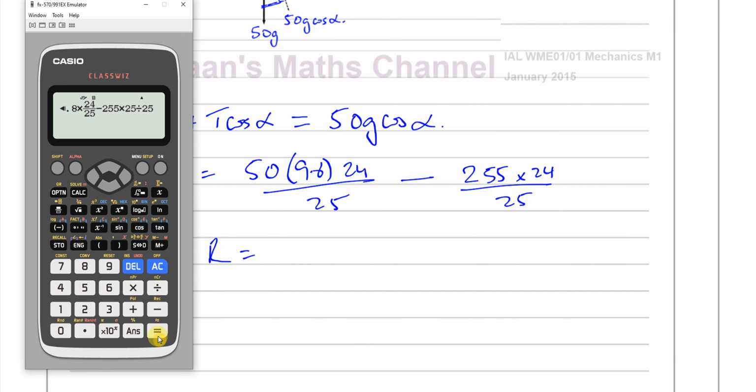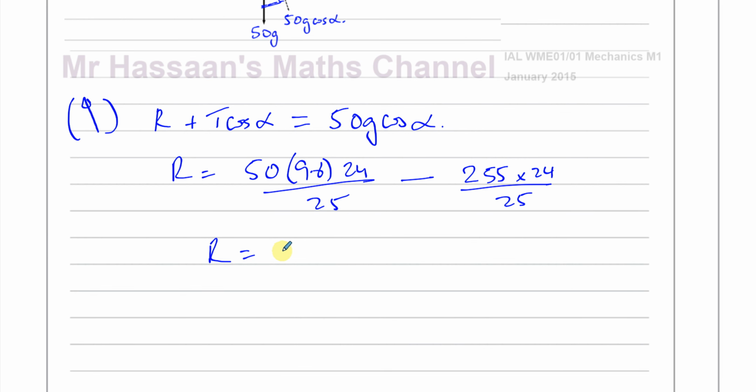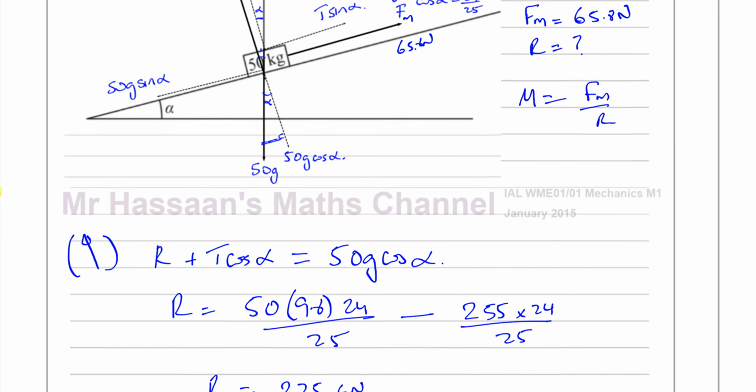And that gives us, whoops, what did I do wrong here? That's 24, not 25. Let me put it over 25 like this. That's better. Okay. And that gives us the value of R, which is 225.6 newtons. We don't need to round this because that's not our final answer, so leave it like that. We're going to round the final answer, which is mu.